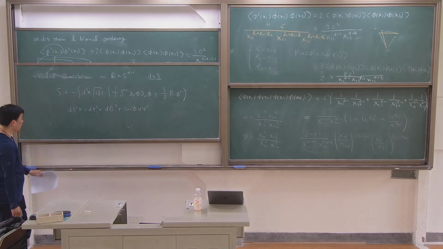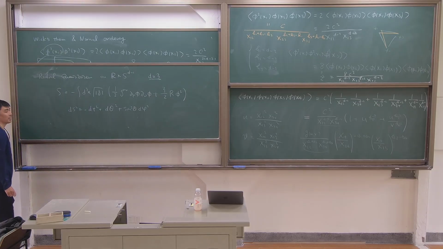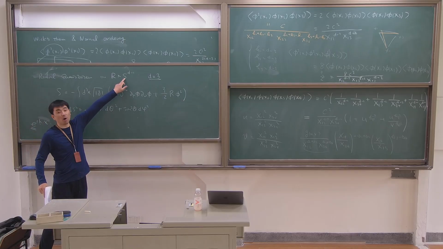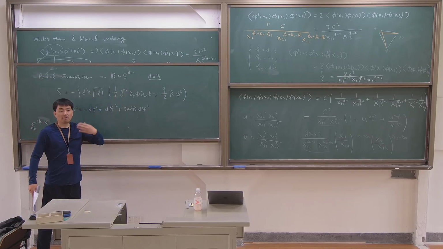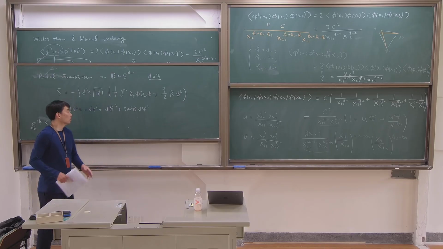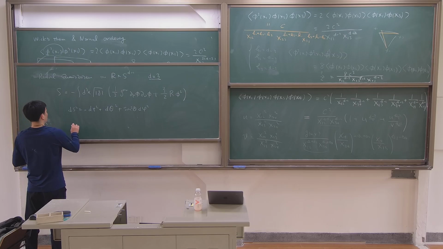So in the case of flat Minkowski space, the Fourier mode is like this way, and k is continuous. But now it's a compact space. S is a compact space. Therefore, momentum space is discretized. It's no longer continuous.